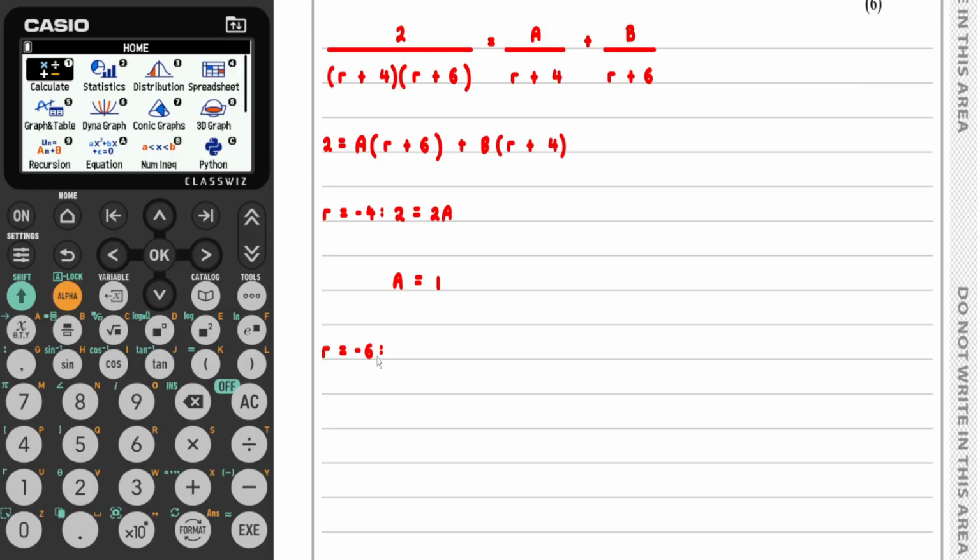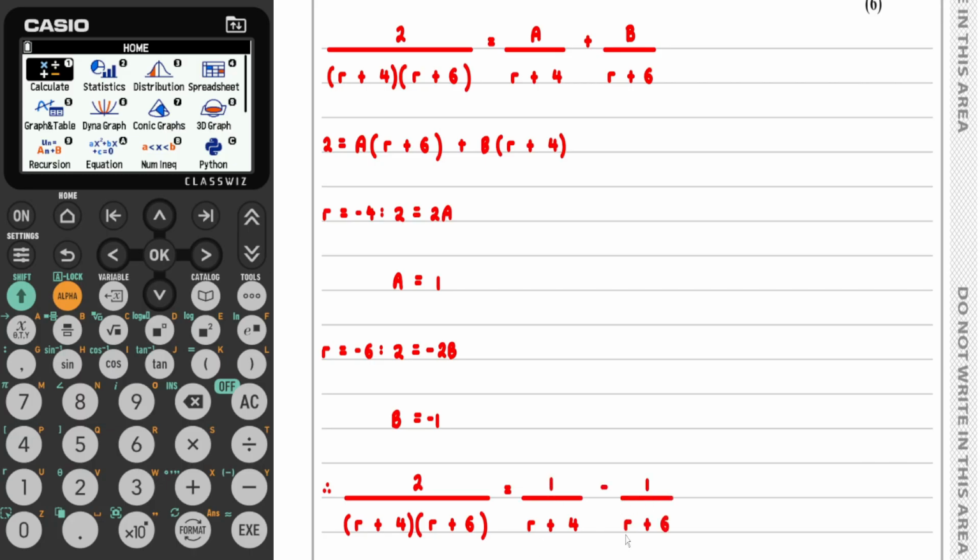And if I choose r equals -6, this term disappears, leaving us with 2 equals -2b, meaning b is -1. We know what a is, we know what b is, and therefore 2 over (r+4)(r+6) will equal 1 over r+4 subtract 1 over r+6.